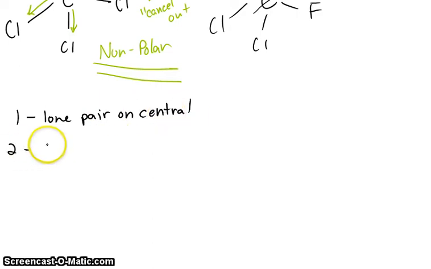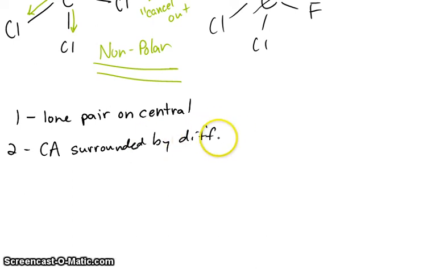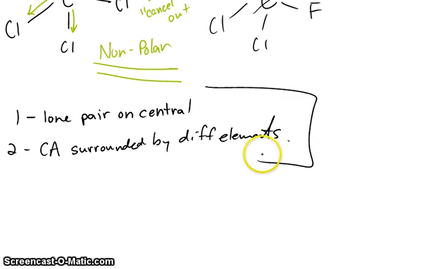Or number two, if the central atom is surrounded by different elements, it is going to be polar. Remember, lone pair on the central atom, polar. Central atom surrounded by different elements, polar. These are the things that are polar. So if you're not those, then you are nonpolar.